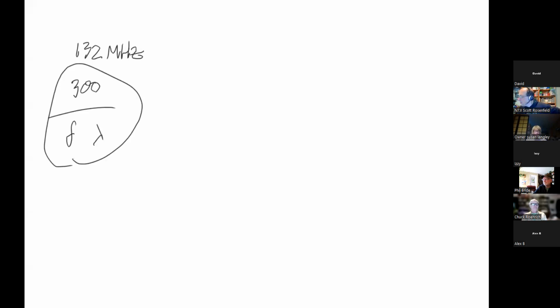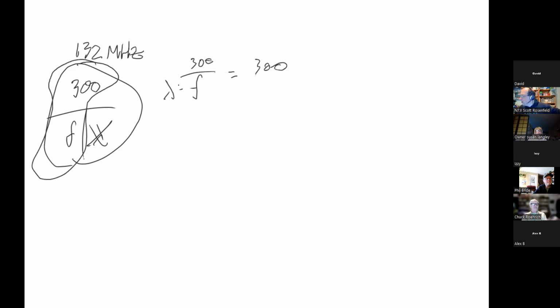Okay, so what we're going to do is do our calculation again. 300, F, and lambda, just like that. So we don't know our wavelength. Our wavelength is equal to 300 divided by F, which is 300 divided by 132. Grab the calculator again. 2.27 meters.